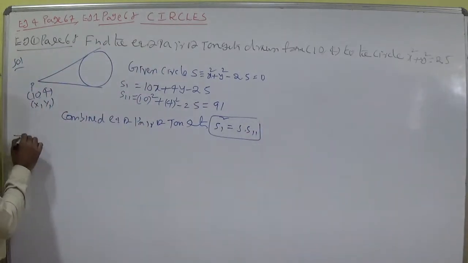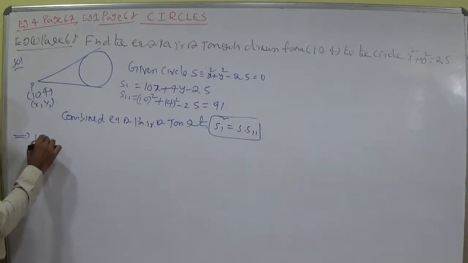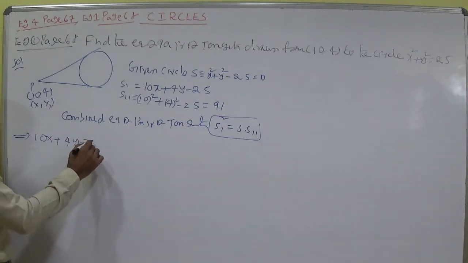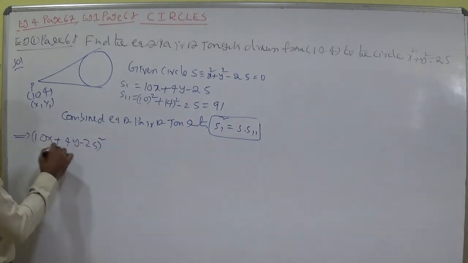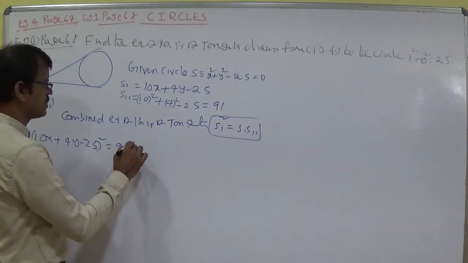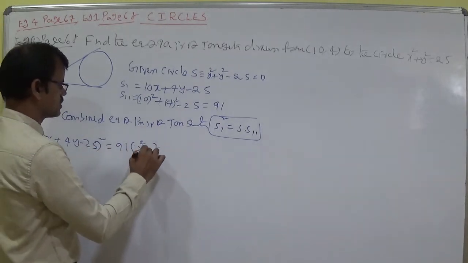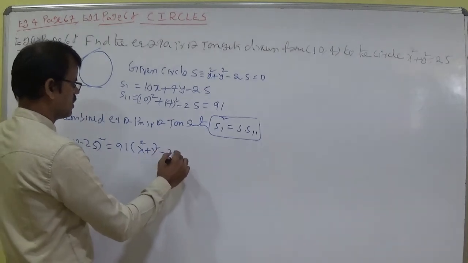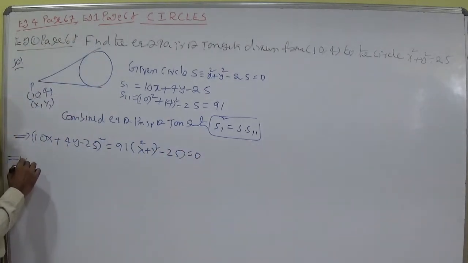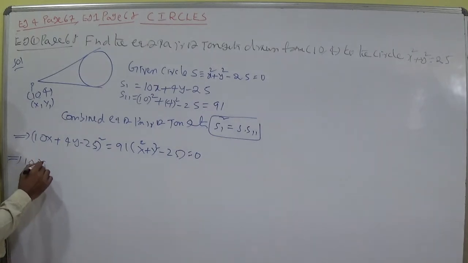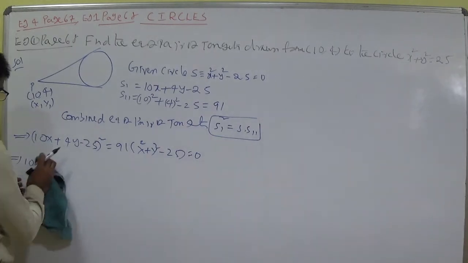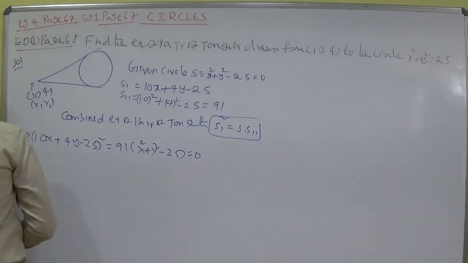Now using these notations you write in the formula: 10x plus 4y minus 25 whole square is equal to 91 into x square plus y square minus 25 equal to 0. Now you can expand this using (a plus b plus c) whole square formula, a square plus b square plus c square plus 2ab plus 2bc plus 2ca.